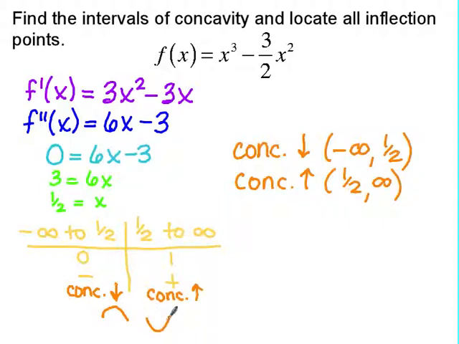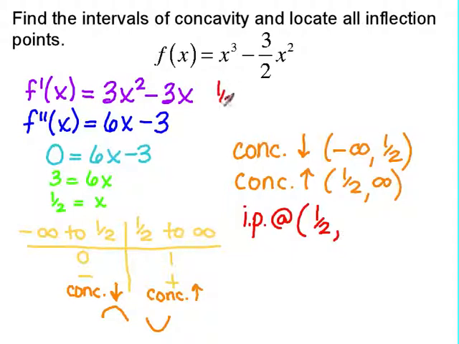Okay. And so now we need to conclude, do I have any inflection points? And the answer is yes, because your concavity changes. So we have an inflection point, or an IP, at 1/2. And then I need to find what coordinate that goes with. So where do you plug that into? The first equation, right? So I'm going to plug it in up here.